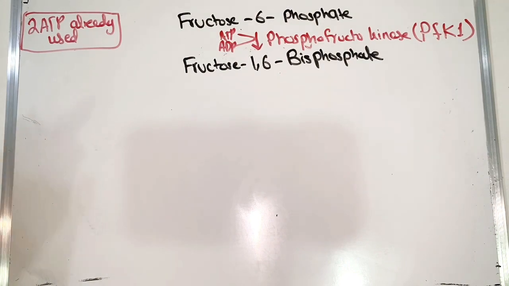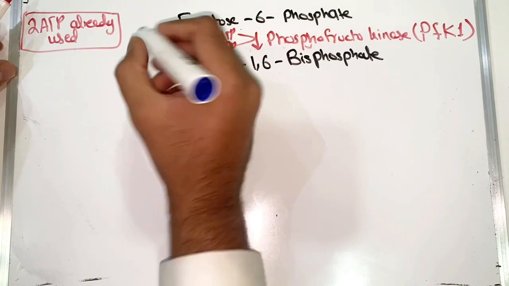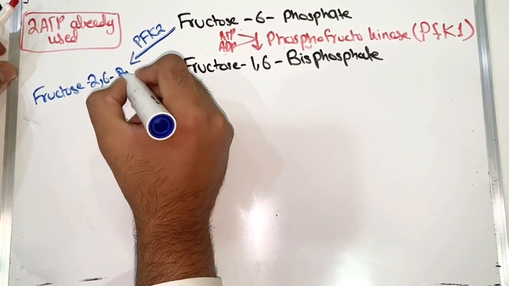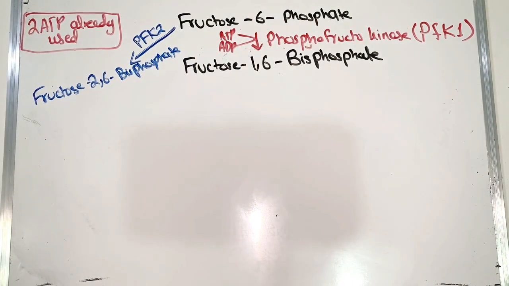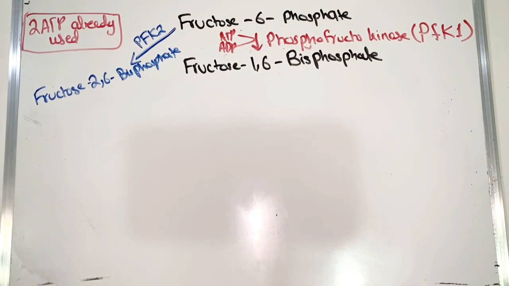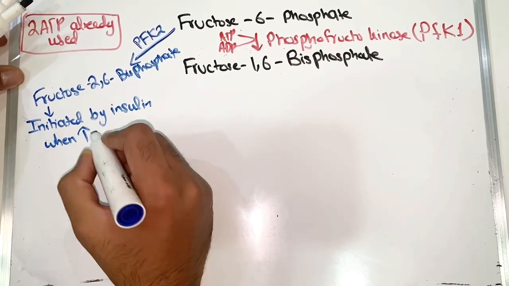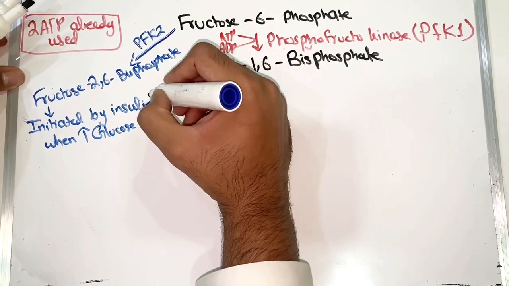The fructose 6-phosphate is also converted into fructose 2,6-bisphosphate by the enzyme called PFK2. This reaction is initiated by insulin when the glucose level increases. With more production of fructose 2,6-bisphosphate, it will stimulate more production of fructose 1,6-bisphosphate.